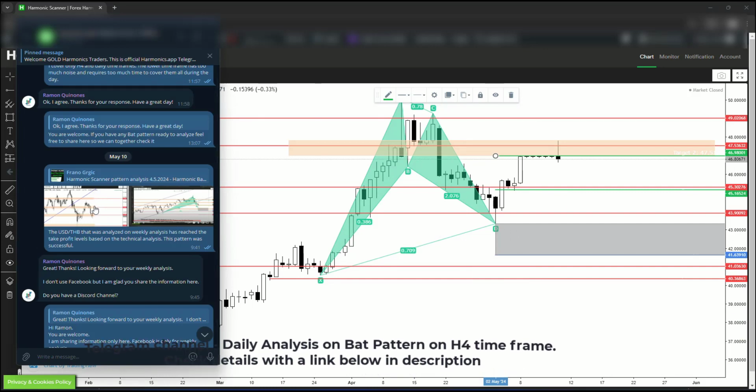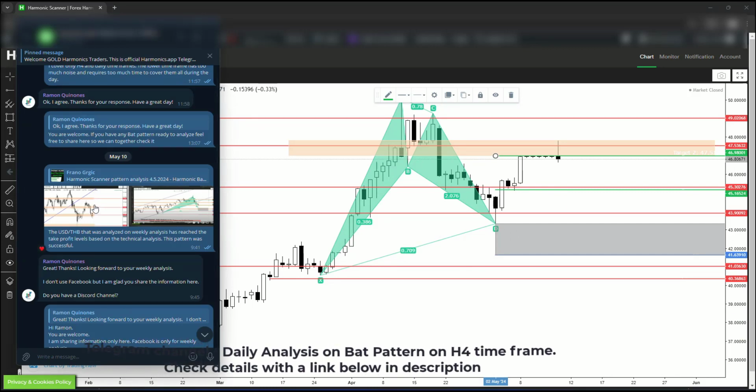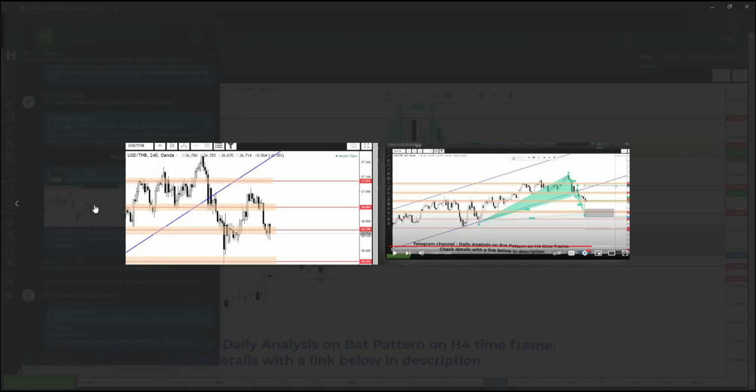This week I have seen that there was an analysis from the week before. You can see it here. From the week before, I checked USD against THB, and we can see on the right side that it was a bullish bat pattern in line with the trend. What you can see here is the trend format on the 4-hour time frame. I made the technical analysis.